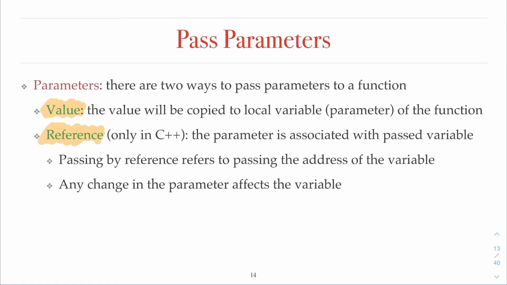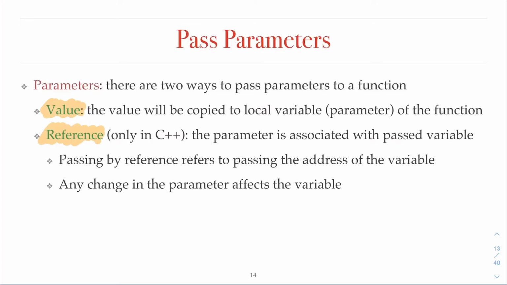By copy I mean whatever you pass to the function, stops there, and the function may change it a little bit inside to do some calculations, but in the end it doesn't affect what you pass in. You can pass in a constant, but you can also pass in a variable, but that variable's value will be copied into the local variable, and it won't affect anything that you pass in.